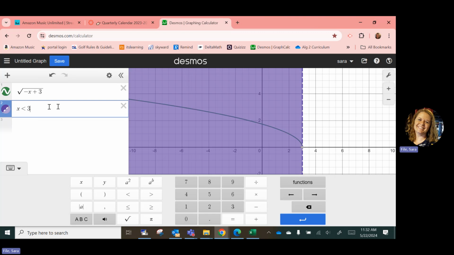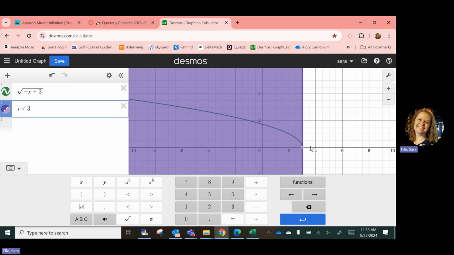And you can check that that highlighted section is covering your entire graph. Now, I don't think you can type in less than or equal to. Oh yeah, you can. After the less than symbol, I just typed the equal sign and it turned it into less than or equal. And you can see that made it a solid instead of a dashed line because it includes that point.